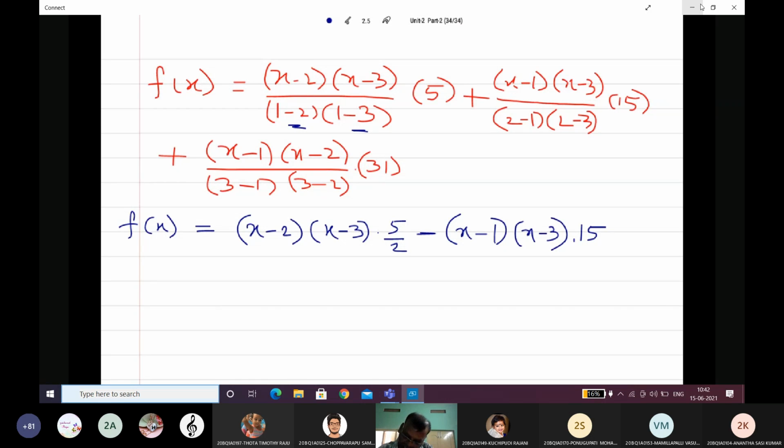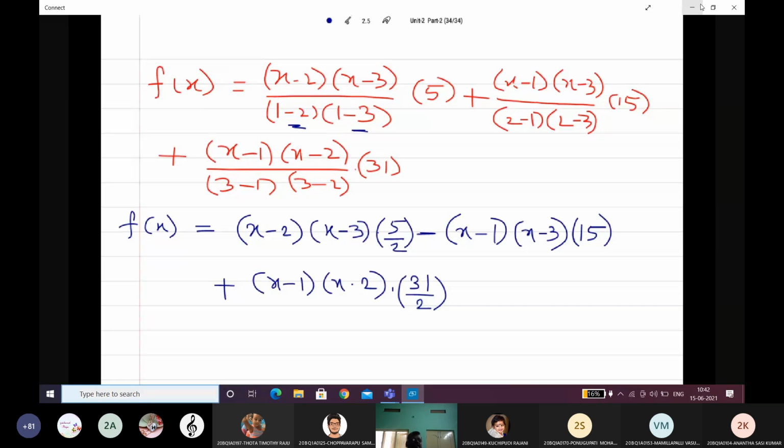Next, the third one, plus 2, 1, 31 by 2, x minus 1, x minus 2 into 31 by 2. Right, this is f of x.